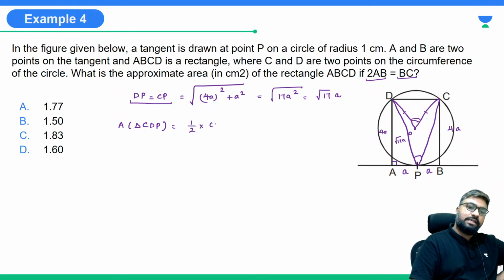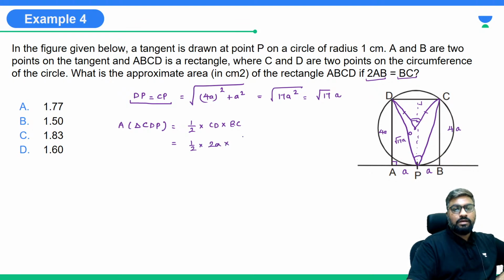Half times CD times perpendicular distance. तो यहाँ से perpendicular distance will be 4a only. Parallel lines हो जाएंगे ये, right? तो 4a, BC या जो भी लगा लो, ठीक है? So this will give us half times CD, which is 2a, BC, which is 4a. Yes, so we are basically getting the area of this particular triangle will be 4a square. Yes, 2 cancel, 4 times a square.